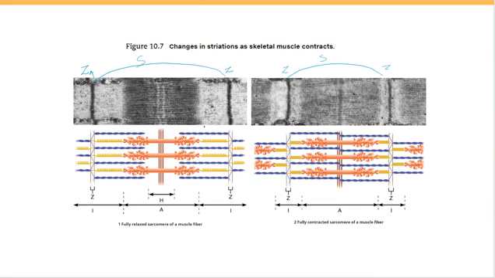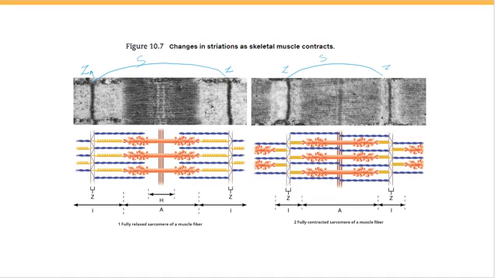Okay, so what happens inside of the sarcomere? Inside of the sarcomere, we have the sliding of actin filament over the myosin filament. The sliding filament theory says muscle contraction happens when thin filaments slide past thick filaments. When this happens, the sarcomeres become shorter, which makes the muscle contract.